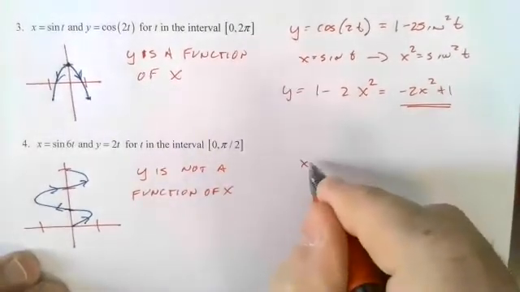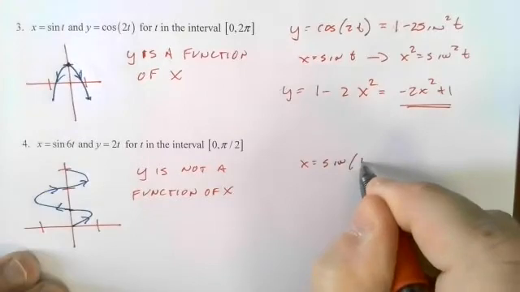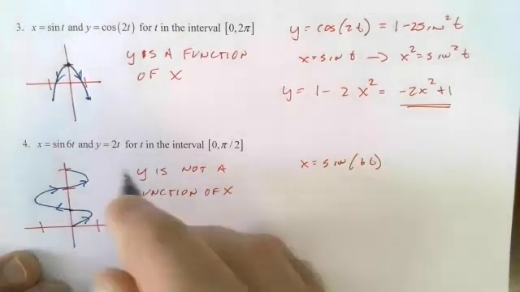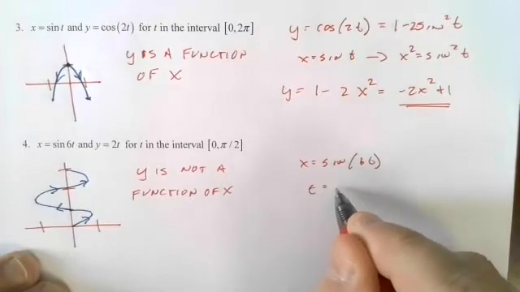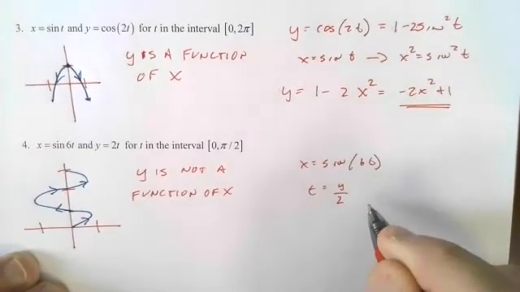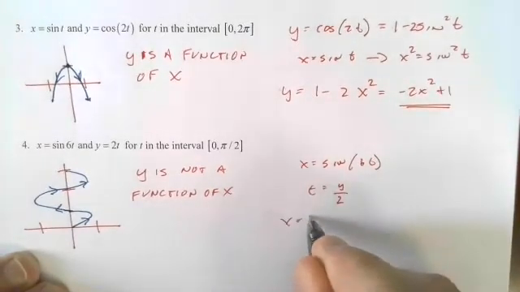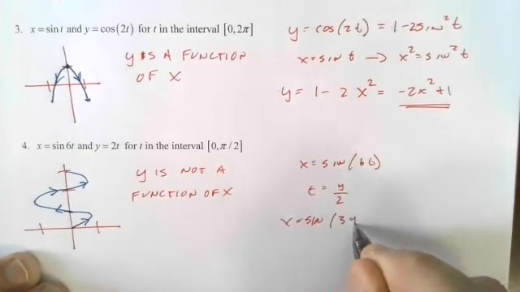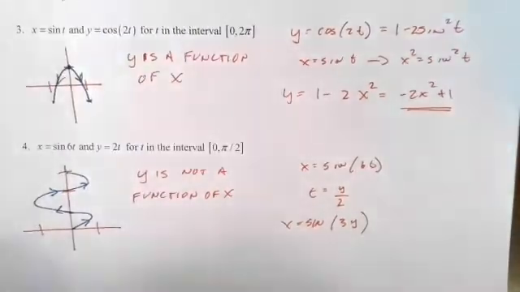And x equals sine 6t. Over here, t equals y over 2. Therefore, x equals sine of 3y. I'm done.